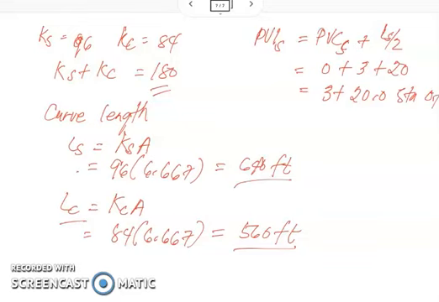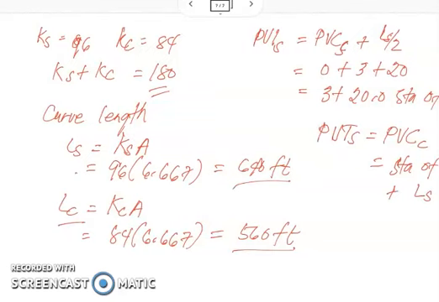For the PVT, you have to take note that the PVT for the sag vertical curve is actually equal to the PVC of the crest vertical curve. So therefore, the PVT is equivalent actually to the station of PVI of the sag vertical curve plus our L. So our L for the sag vertical curve is 640, or that is 6 plus 40.